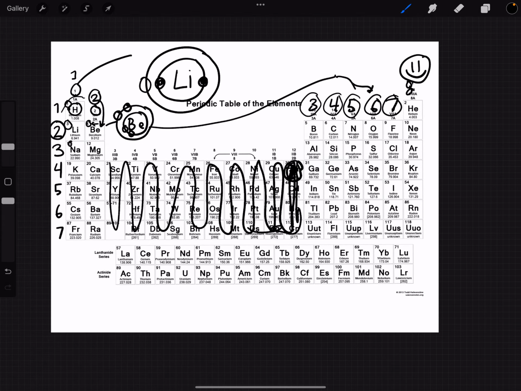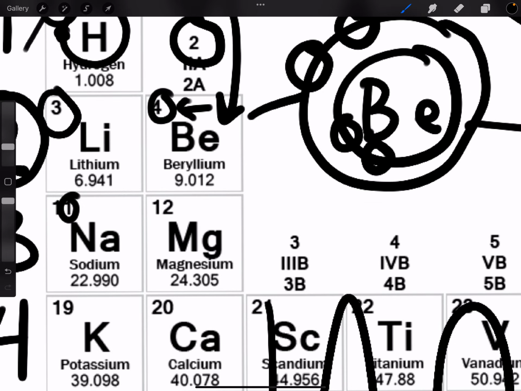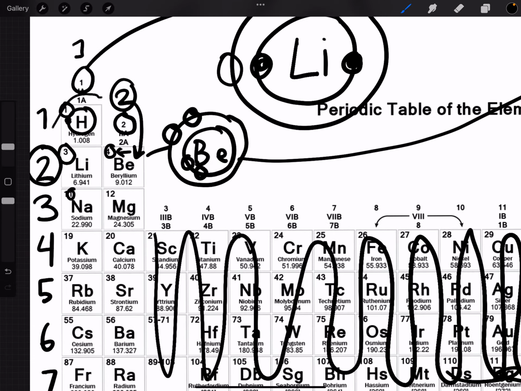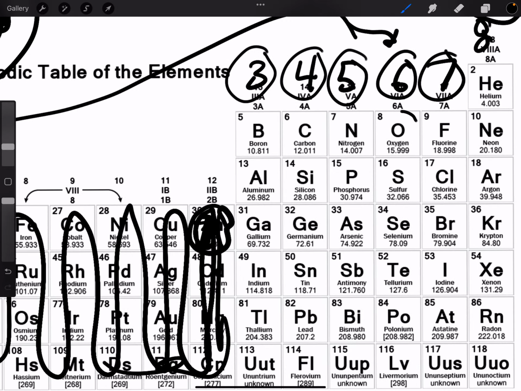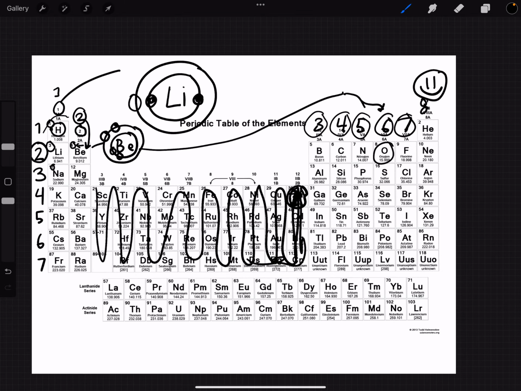So you could have beryllium, this one, and then have oxygen or something. And essentially, here, let me try it out. Beryllium, and then oxygen.